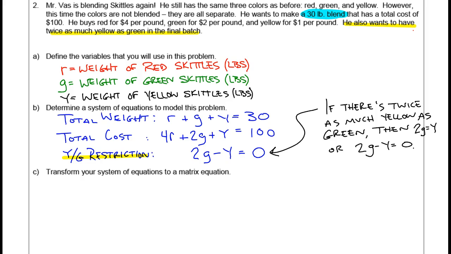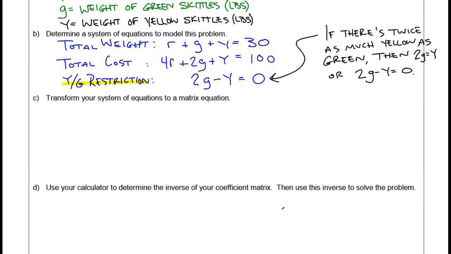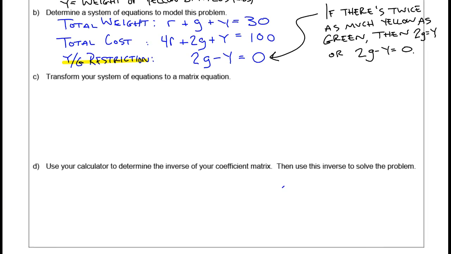Okay, we're ready to move on to part C of this problem, which is to transform this system of equations into a matrix. I'm going to start with a 3x3 matrix of my coefficients. Top equation I have r plus g plus y, and those are the coefficients of my variables. My second equation is 4r plus 2g plus 1y.